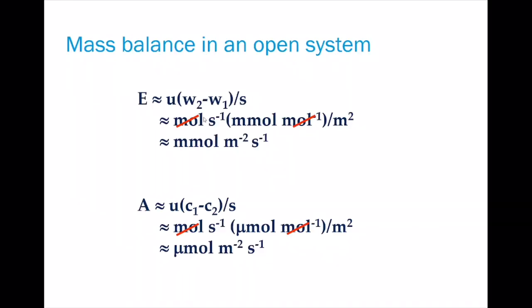But you can see the moles cancel out, and we're left with millimoles of water vapor per meter squared per second. We can do a similar expression for carbon assimilation. Again, flow is measured in moles per second. CO2 is measured in micromoles of CO2 per mole of air. And again, we have the leaf area term. Moles cancel out, and we're left with micromoles of CO2 per meter squared per second.